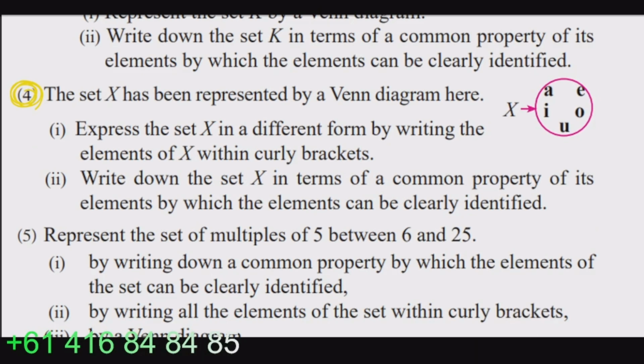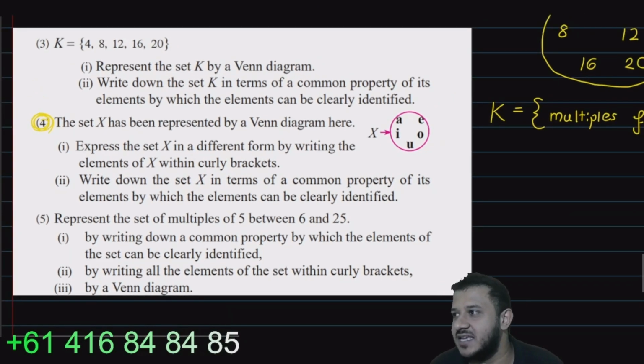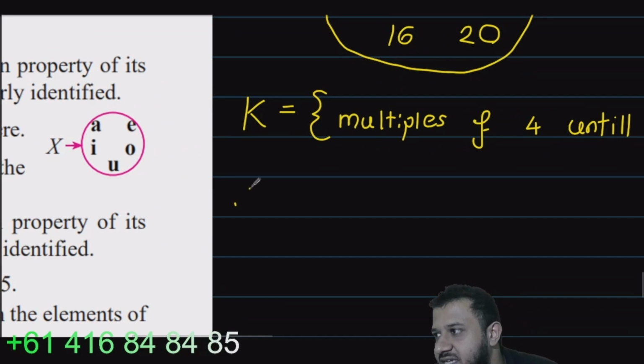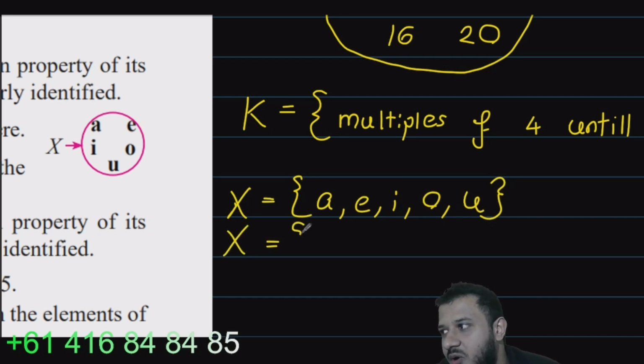Alright, let's quickly have a look at the answers and then we will have a break. Express x in different form by writing elements in curly brackets. X equals curly bracket open a, e, i, o, u. And then they are asking to write it in common properties. We know x equals and curly brackets.